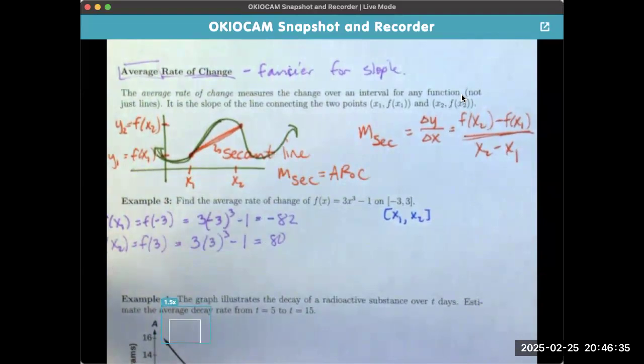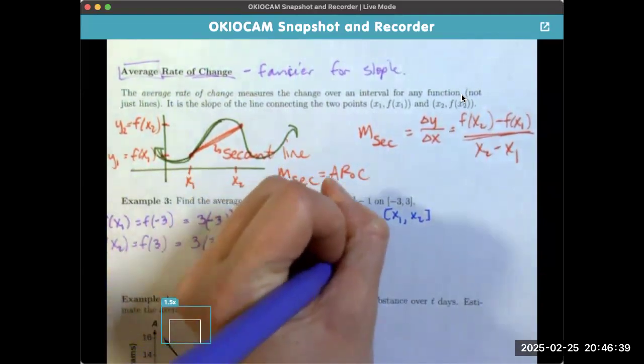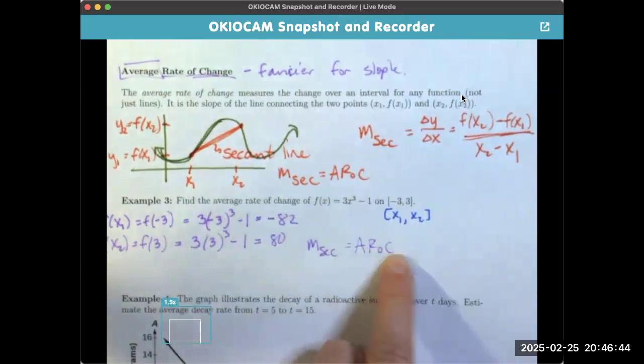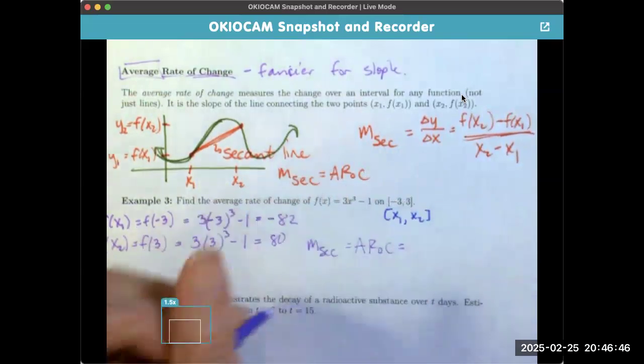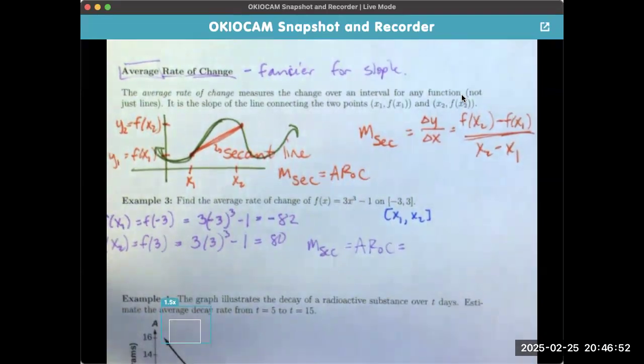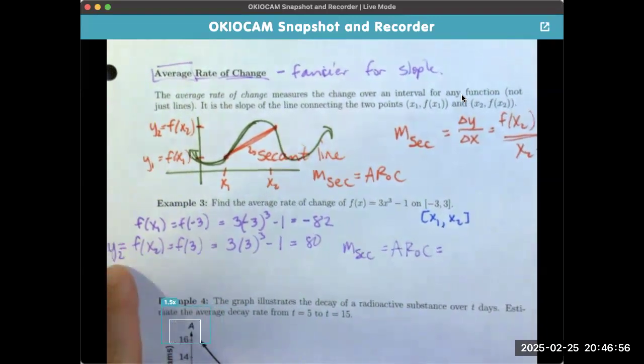So we just have slope. The slope of the secant line, which is our average rate of change, AROC. This is f of x of 2. Remember, this is just fancy for y sub 2. Oops, sorry, you can't see what I'm writing. Let me scooch. This is just y sub 2.